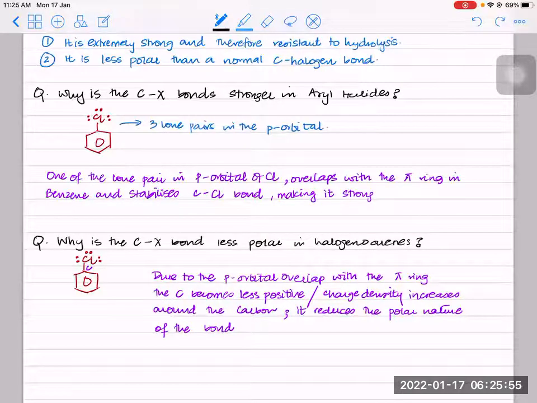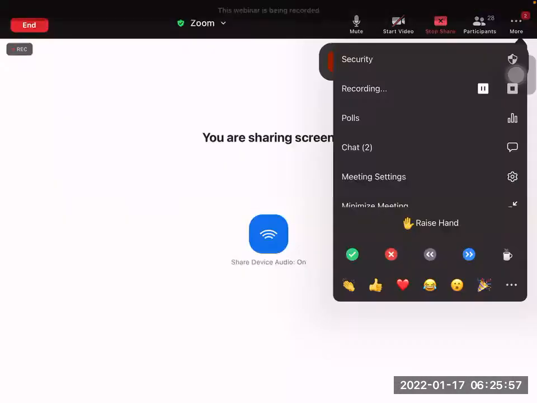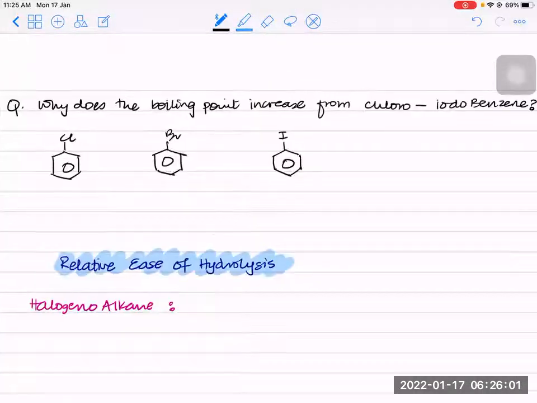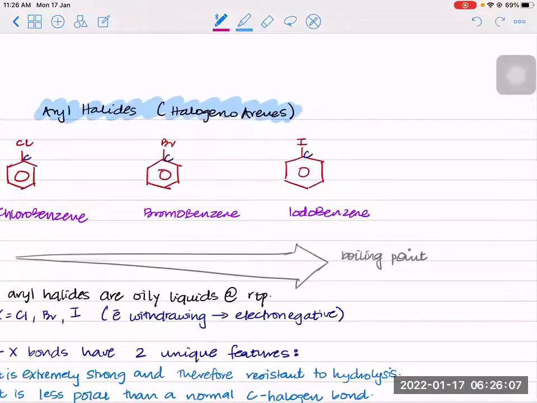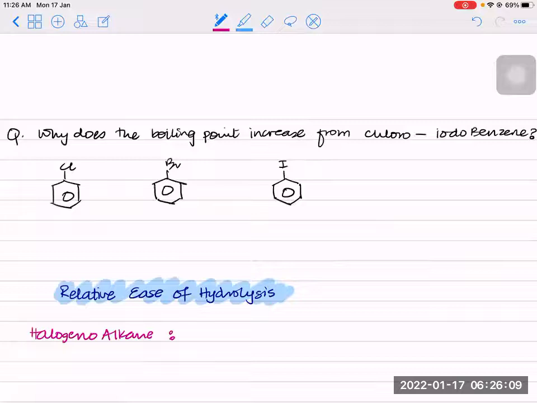All right. Now let's see, why does the boiling point increase from chloro to iodobenzene? I told you that from chloro to iodo, the boiling point increases. And that is because the strength of intermolecular forces, that is the van der Waals forces, will increase.